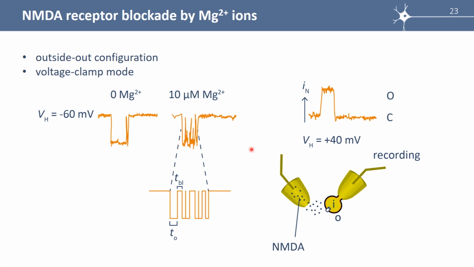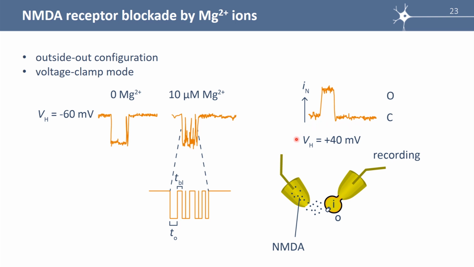What is it? If we redraw here the current, we see that the channel opens, then closes, but it's not really a closure, it's a blockade because it unblocks several times and then blocks, and then opens and then blocks, and then unblocks and then opens and then blocks.